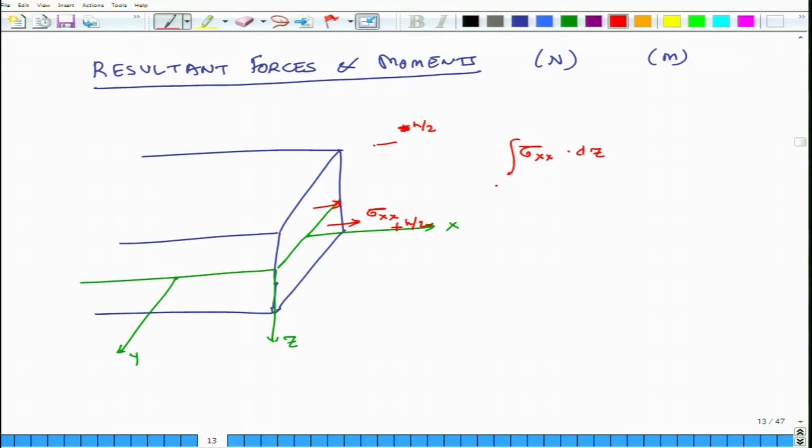So, my integration limits are minus h over 2 to h over 2, where h is the thickness, then this is called Nx, and essentially it is the force.